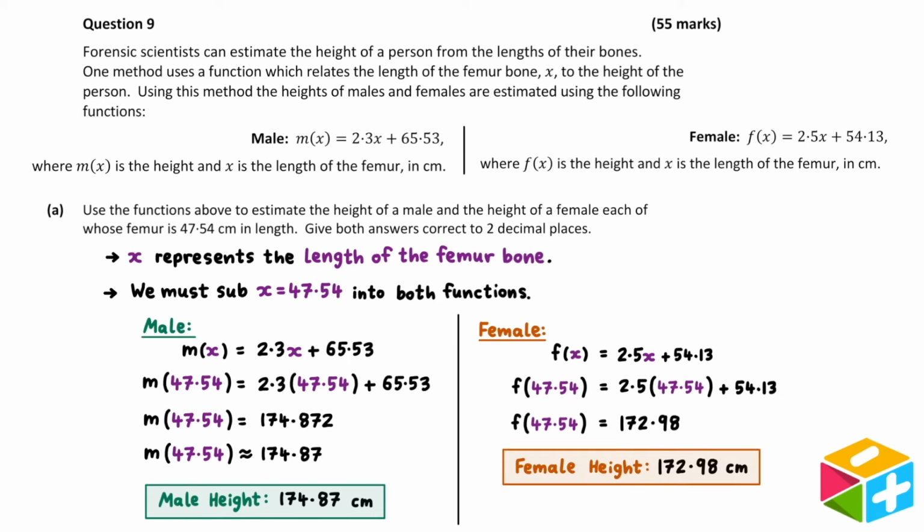Rounded to 2 decimal places, our estimate for the female height is 172.98 centimeters.